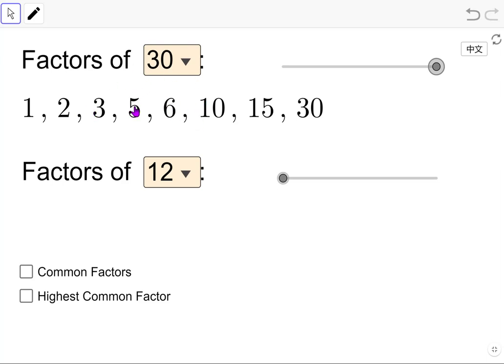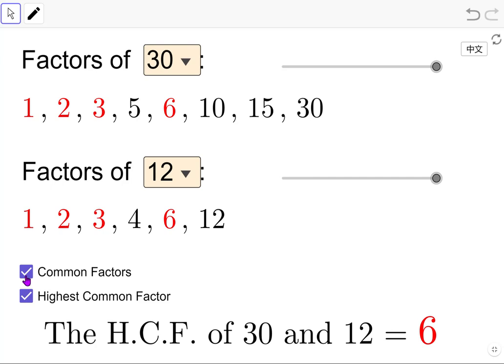Okay, 8 factors. And for 12, there won't be quite as many as 8 because you have 2, 2 and 3 in there. There's 6 in this. There are common factors, and of course we take the one that's highest, we take the 6.